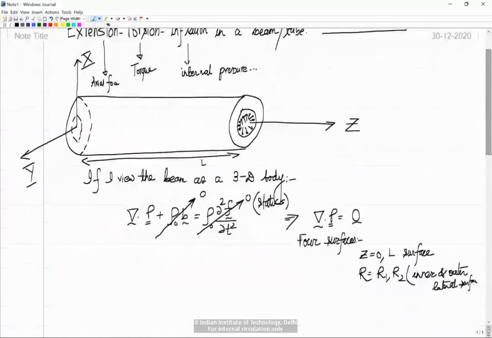Now, here we want to do it in a Lagrangian way. All right, so the outer surface is, as you can see, traction free.